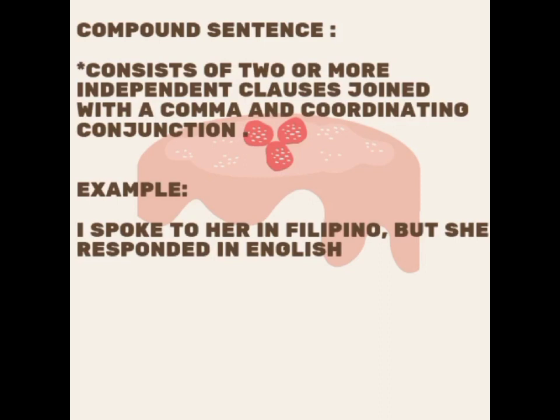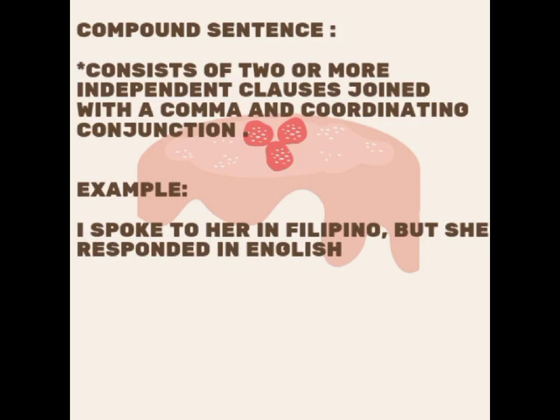The subject is I, the verb or predicate is spoke, which is what the subject did. Next, our coordinating conjunction is but. Our other independent clause has the subject she and the verb responded. That's why our pattern is independent clause plus coordinating conjunction plus independent clause.